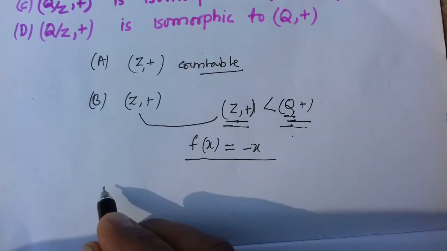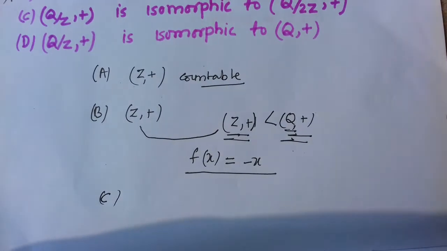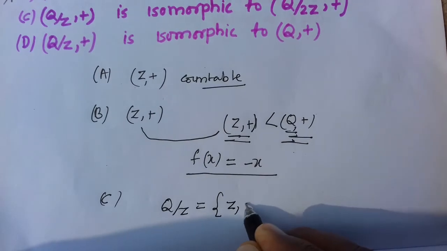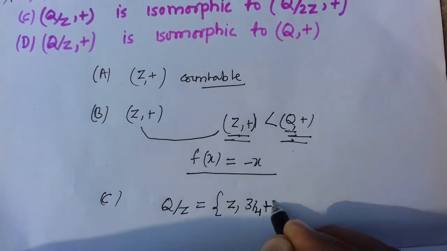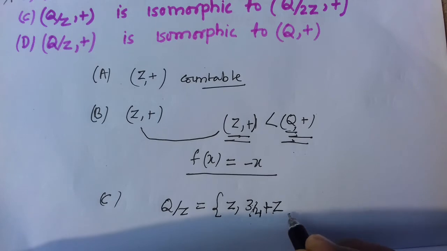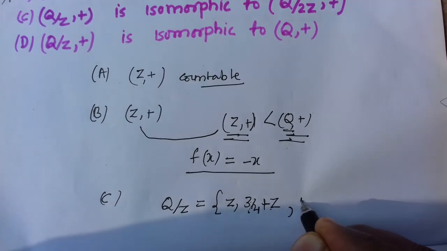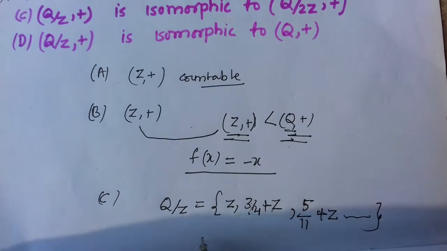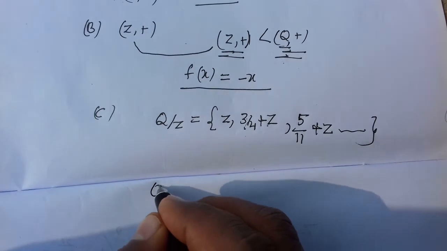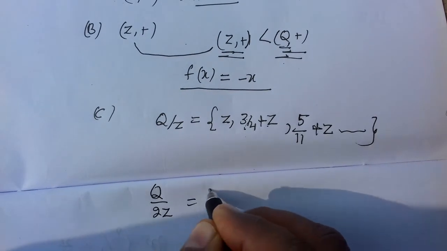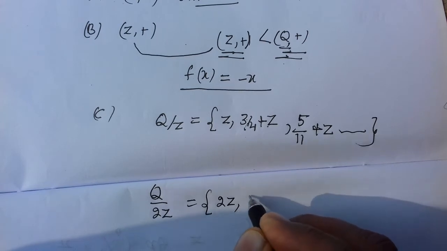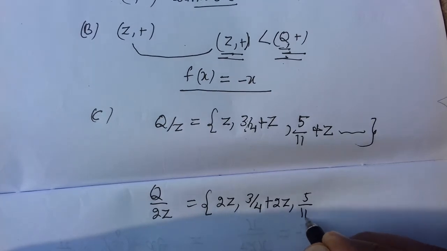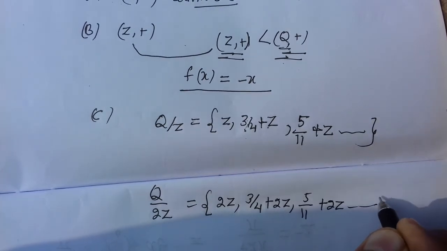Now C. In C, Q by Z. Q by Z means Z and 3 by 4 plus Z. You can take any rational number plus Z. Then this will be a member of Q by Z. And similarly, Q by 2Z means this set 2Z and take any rational number plus 2Z, any rational number, 5 by 11 suppose, plus 2Z, and so on.